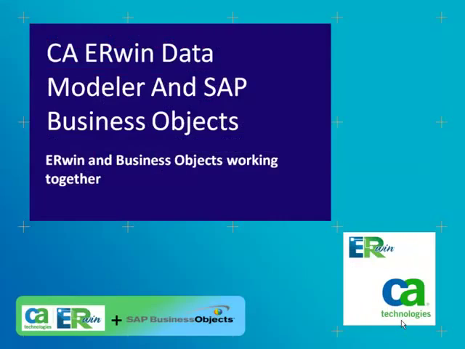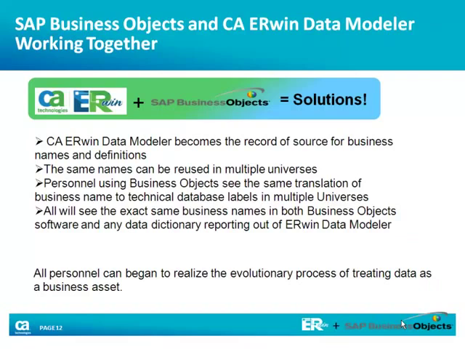ERwin and Business Objects working together. CA ERwin Data Modeler and SAP Business Objects provides that solution for you. It expedites the process of building all the information in the SAP Business Objects world, and using ERwin as a record of source, you can guarantee that all the names will be the same, all the definitions, some of the technical aspects will be automatically populated in the SAP Business Objects world, and we can see the exact same business name both in the Business Objects software, in ERwin, as well as in any kind of textual reporting that you may be communicating around the organization.